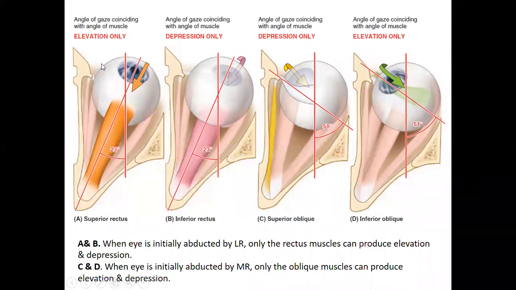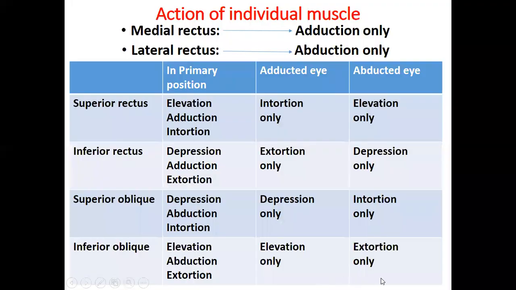So superior rectus elevates, inferior rectus depresses, superior oblique depression, inferior oblique elevation. So the action of individual muscles: medial rectus, adduction only; lateral rectus, abduction only; now superior rectus, in the primary position of the eye, elevates, adducts, and there is medial rotation.